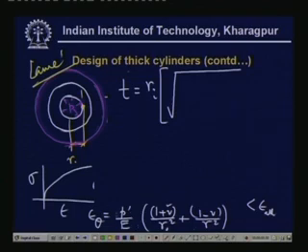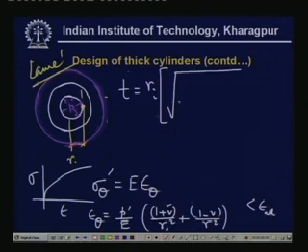Now if we take sigma theta to be E times epsilon theta, then limiting this value of epsilon theta is limiting this value of sigma theta prime, and this is normally taken to be the allowable stress limit.